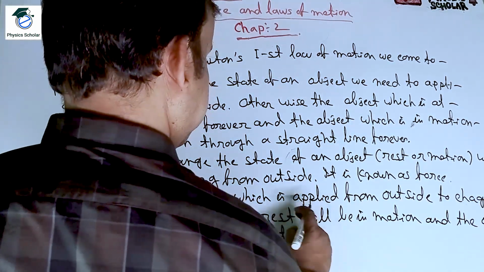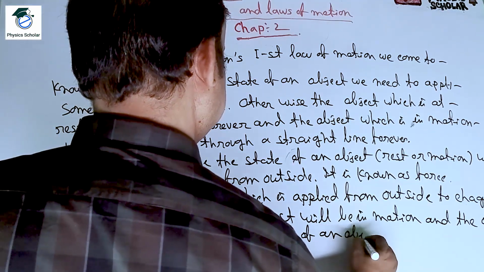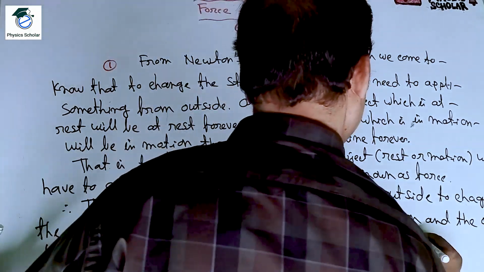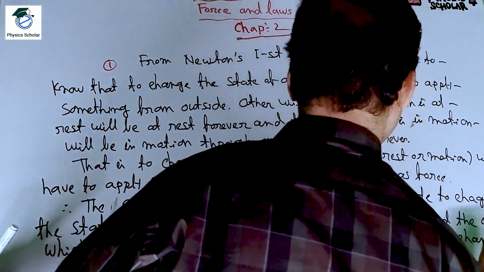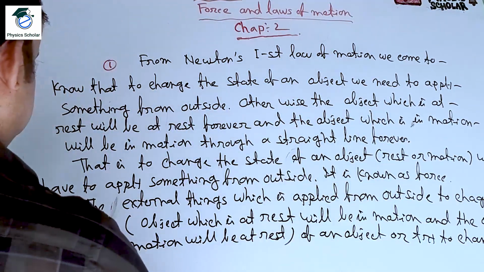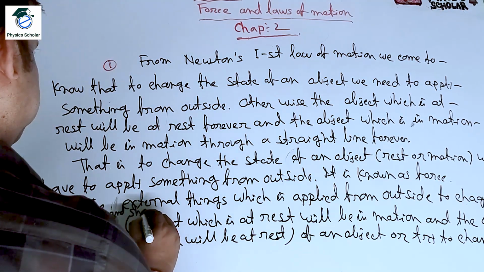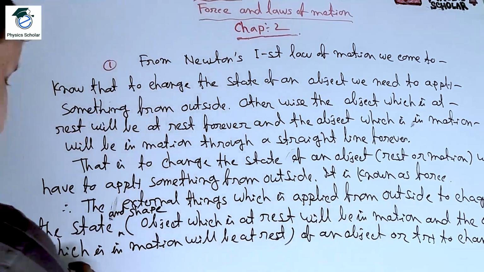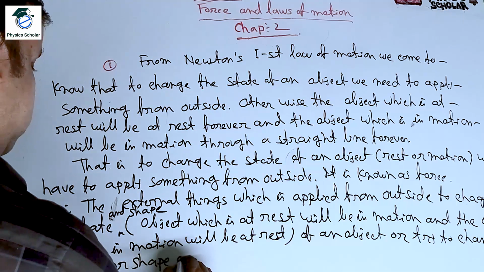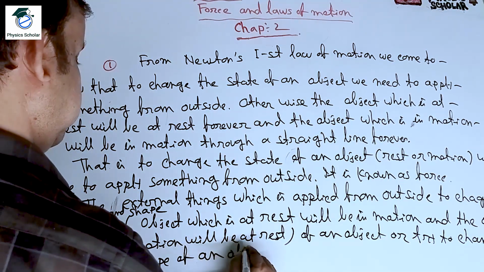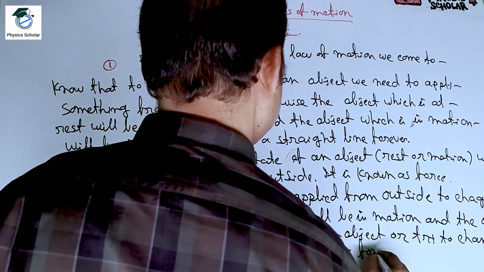The thing applied from outside to change the state of an object, or try to change the state and shape, you can write shape, okay, of an object is known as force.